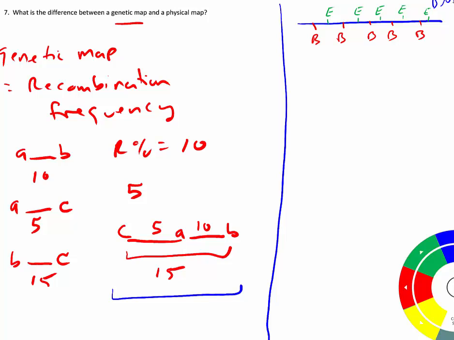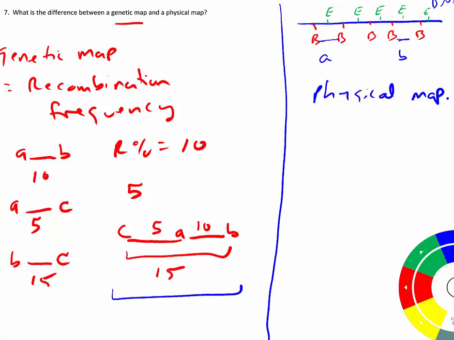And then if we can say, well, gene A fits in between these two sites, and gene B fits in between these two sites, that's what we call a physical map. So it's a physical map relating the position of genes to the physical position on the DNA.